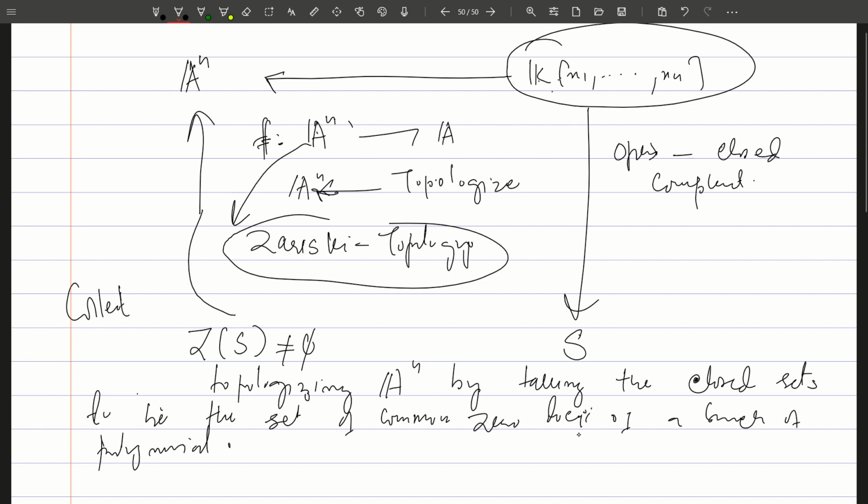I mean, the whole set An and the empty set are closed sets, because An is the zero set of the zero polynomial, and the empty set is the zero set of a constant polynomial. So both are closed sets under this topology. We'll discuss this topology in detail, but this is just an introduction. So I think we will start in the next lecture by discussing this topology in more detail.